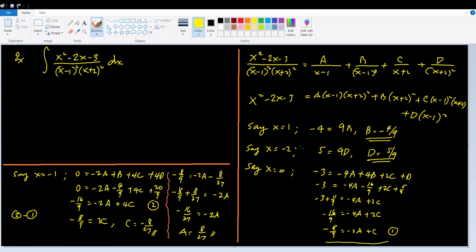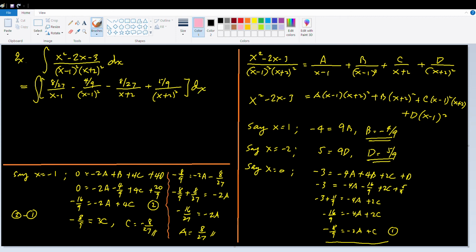Alright? So our integral becomes the integral of a, 8 over 27 over x minus 1, B is negative 4 over 9 over x minus 1 squared, then C is negative 8 over 27 over x plus 2, and D 5 over 9 over x plus 2 squared quantity dx.